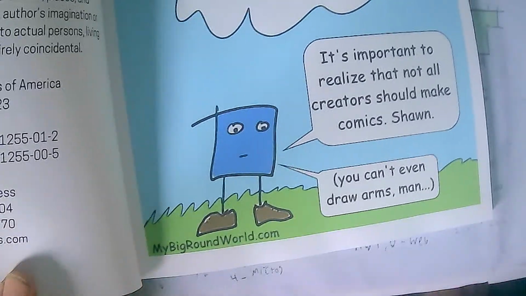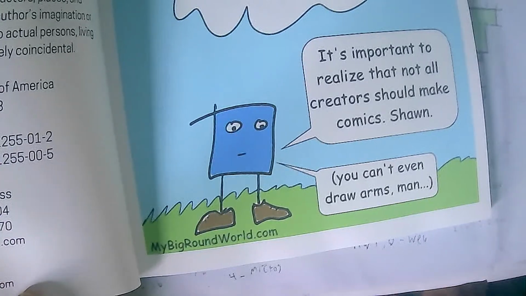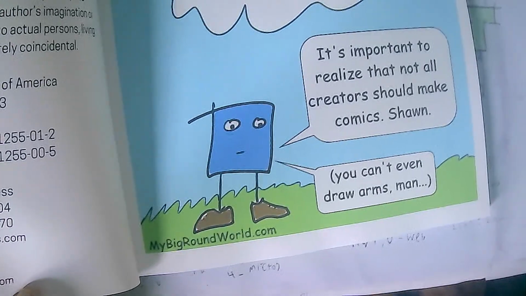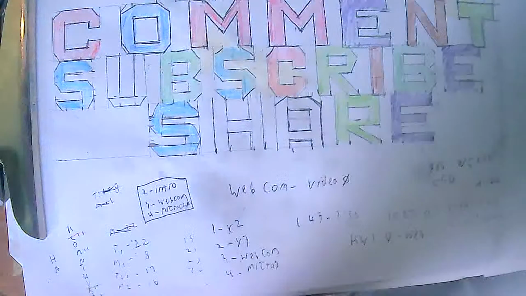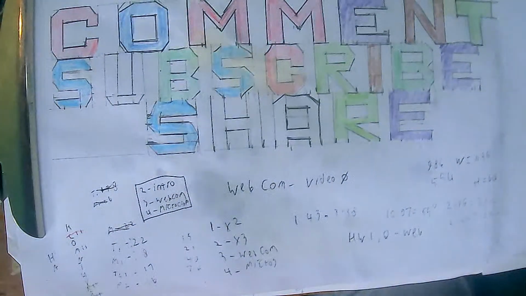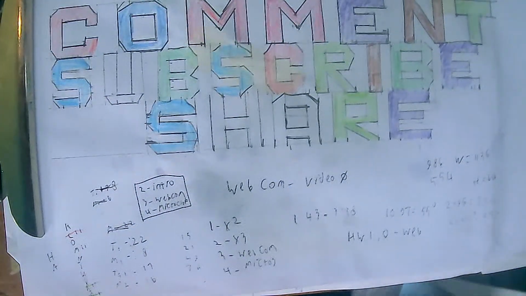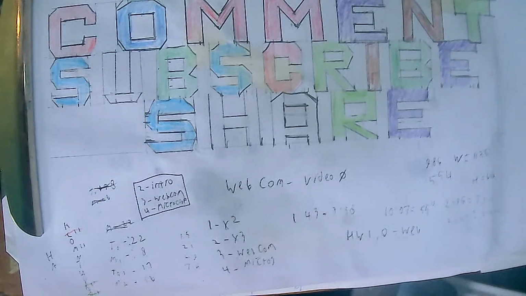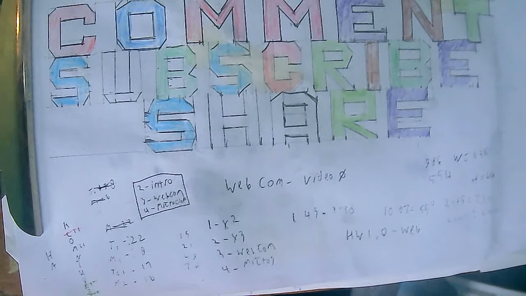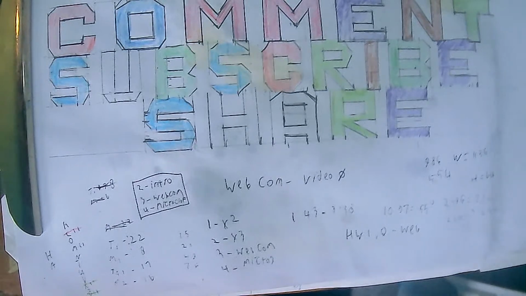This is a copy of what he has on BigRoundWorld.com. So I think the signed copy was $22, and then the tax. I don't know if there was shipping. I'm using the receipt as a bookmark. So let me see. Yeah, no shipping and tax.